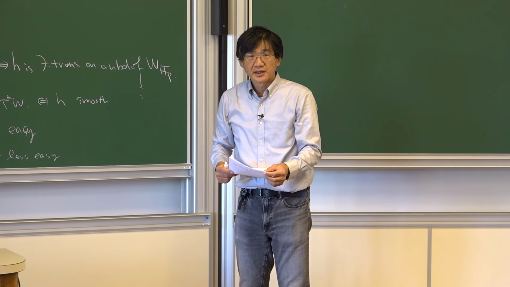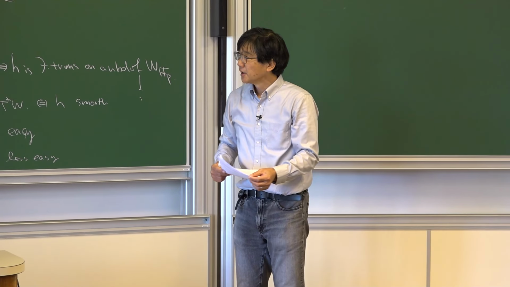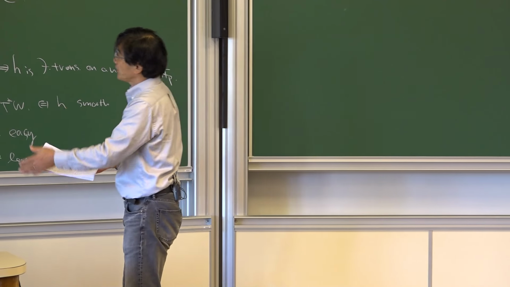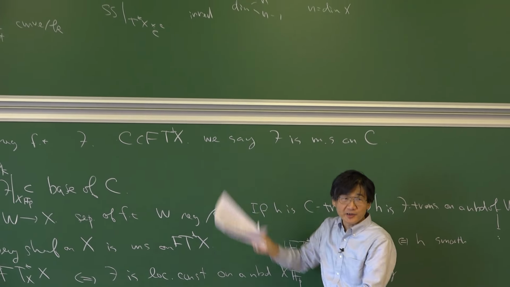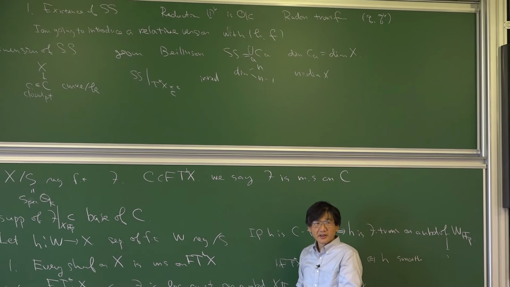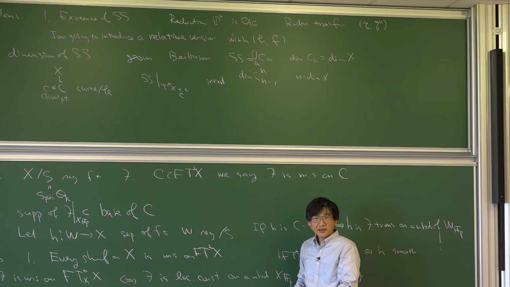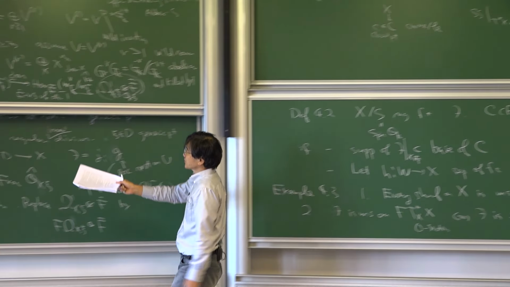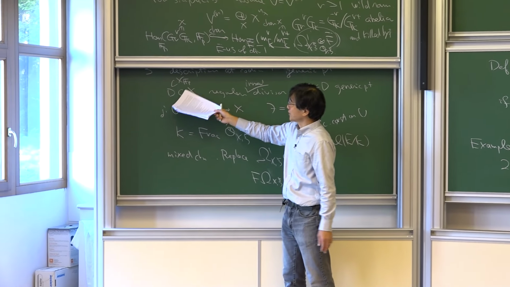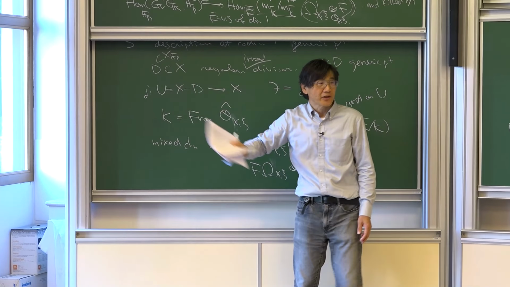The dimension of this cycle is n, so codimension 1 means dimension n, because our divisor is totally included in the characteristic p fiber.